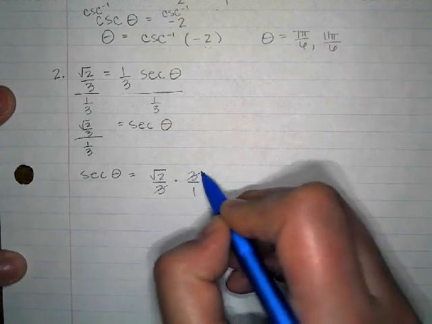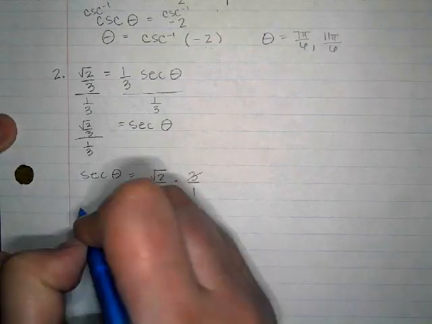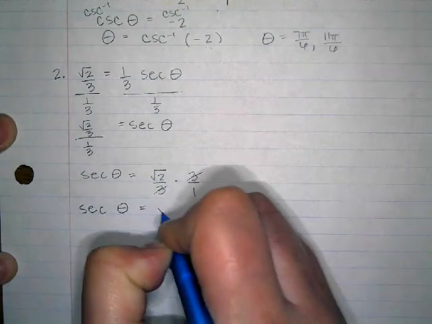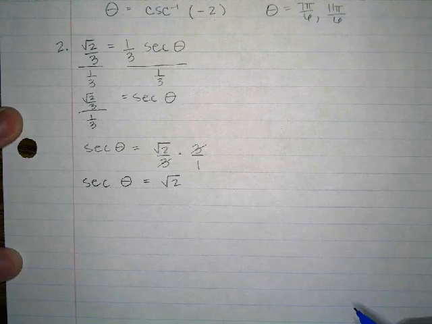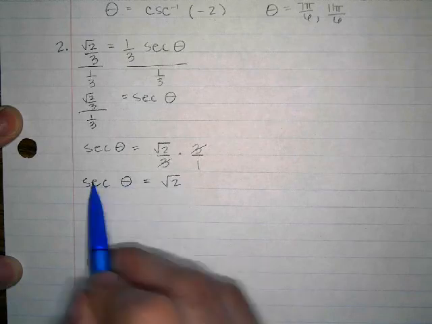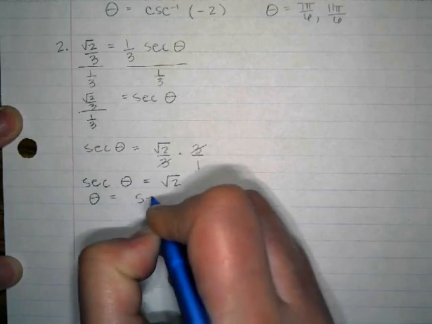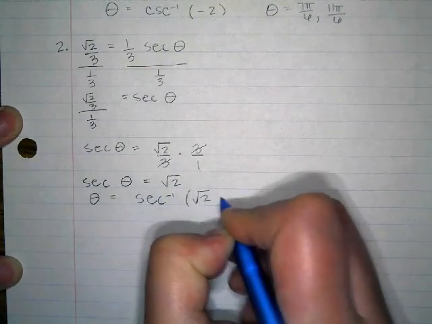The 3's cancel out, and we get secant theta equals √2. And then to get the theta alone, we would do the inverse of each side. So theta equals secant inverse of √2.